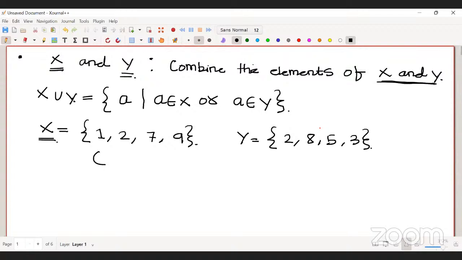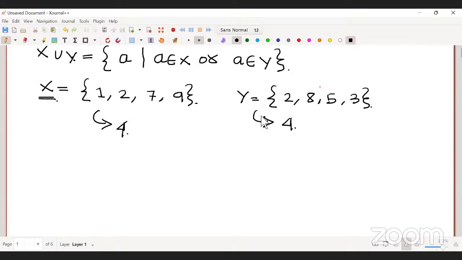Correct. Similarly, the cardinality of Y is also 4, so both sets contain 4 elements. So what is X union Y? 1, 2, 3, 5, 7, 8, and 9. Correct.